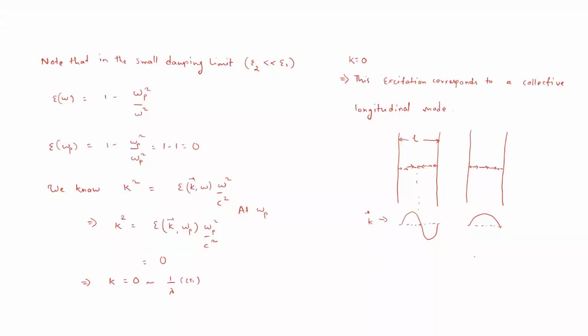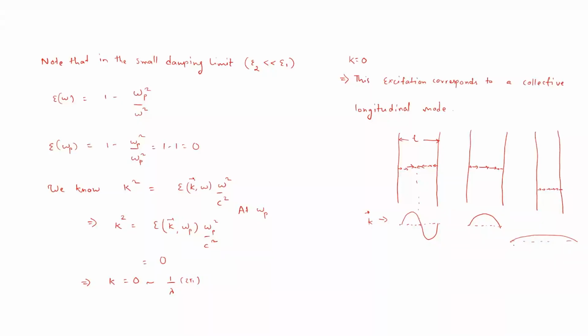Now if we have a very long wavelength, when we say infinite, it means very long wavelength with respect even to the thickness of the material. So if this is the zero line and we have a very long wavelength, that means all the electrons are oscillating about the same amplitude and in the same direction.